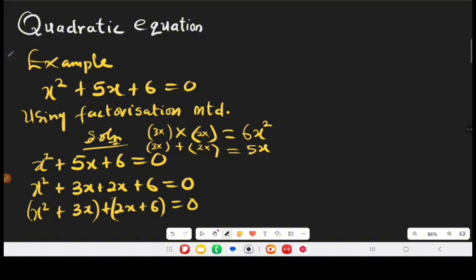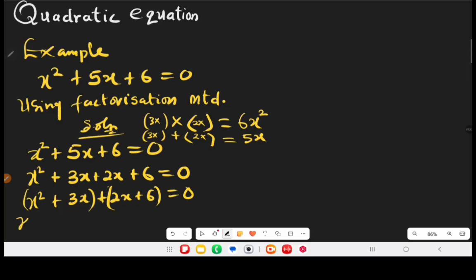Next step, we look for what is common. x is common, we bring it out, remaining x plus 3. When you want to multiply it back, x times x will give you x squared, x times 3 will give you 3x. Plus what is common in this bracket? We discover that 2 is common. We bring out 2 and are left with x plus 3 equal to 0.